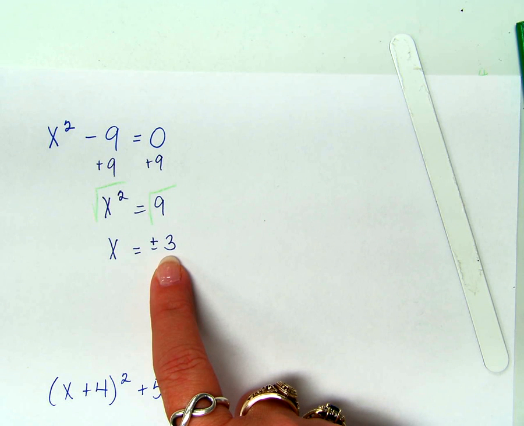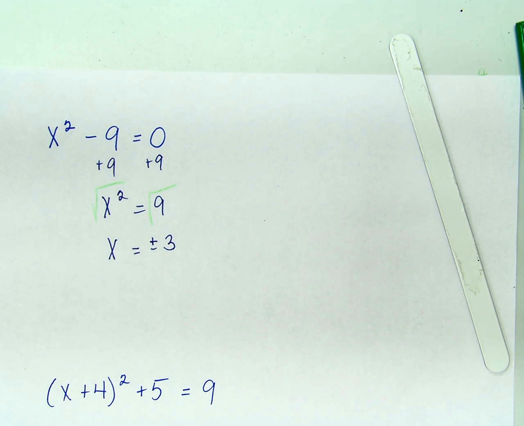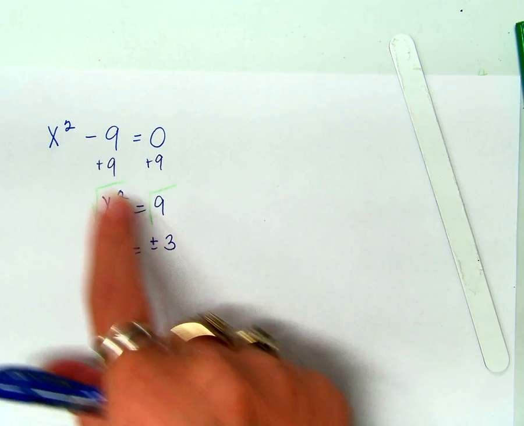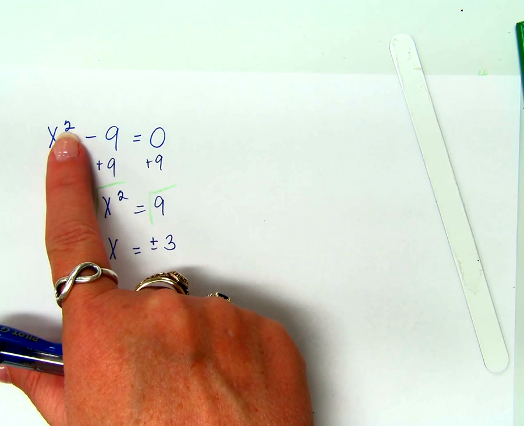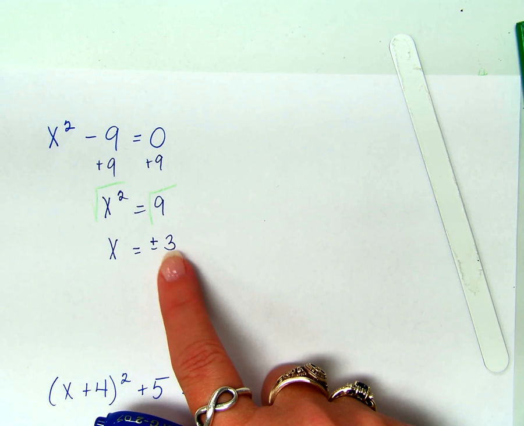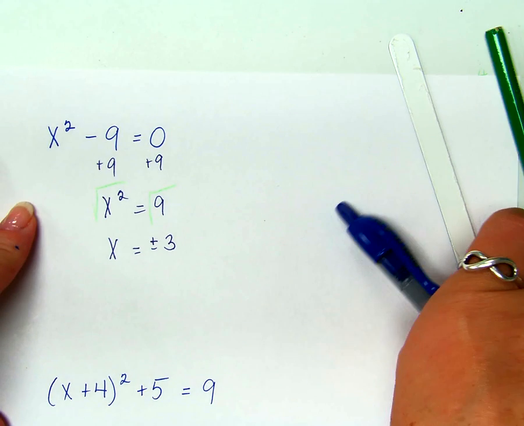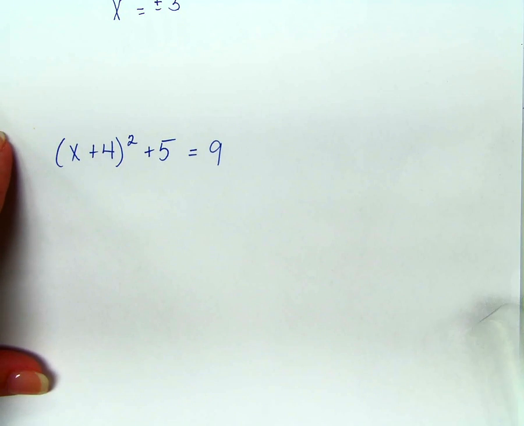There'll be times when we only get 1 answer, and it will make sense to you why, because it'll be a graph sitting right on the x-axis, where it's only crossing the x-axis 1 time. But in a situation like this, let that be your hint. I got a squared. I really want to get 2 answers if I can. Fair enough?